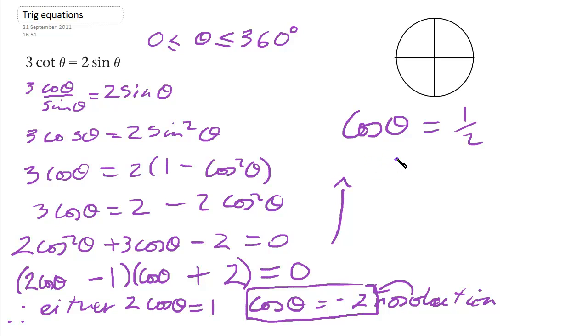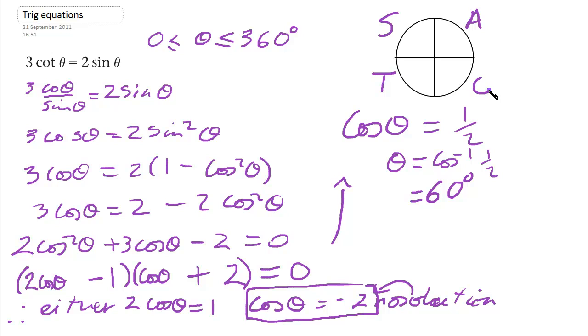Now, if we inverse cos that, so we find inverse cos of a half, we find that theta will equal 60 degrees. Put that into your calculator and you get 60 degrees. You ought to know that off by heart. So with this diagram here, we know that if you label this CAST, this gives you where they're positive, the quadrants.